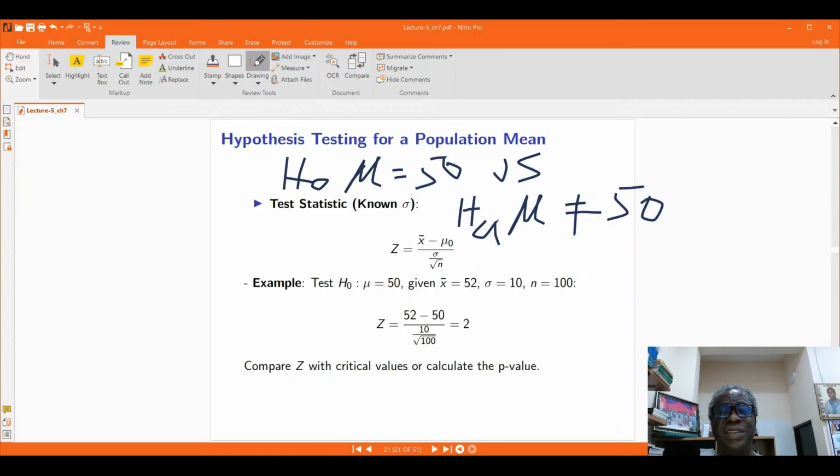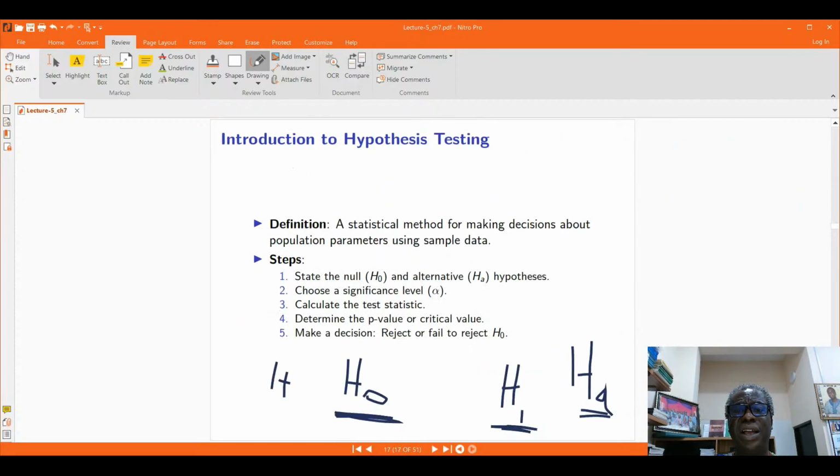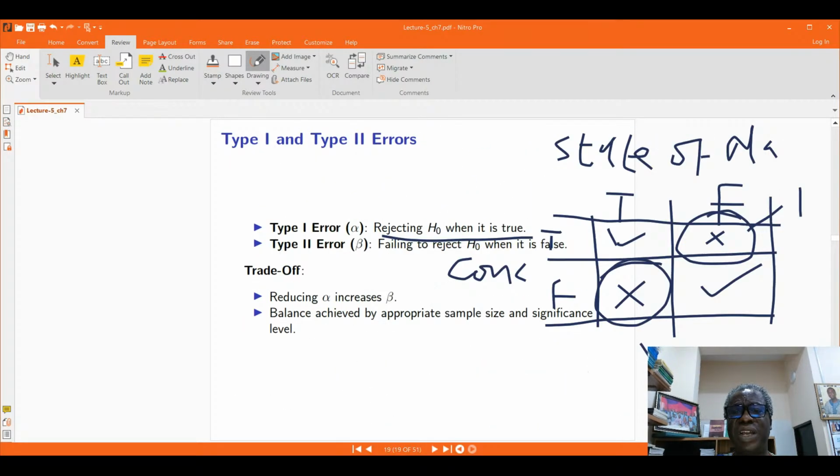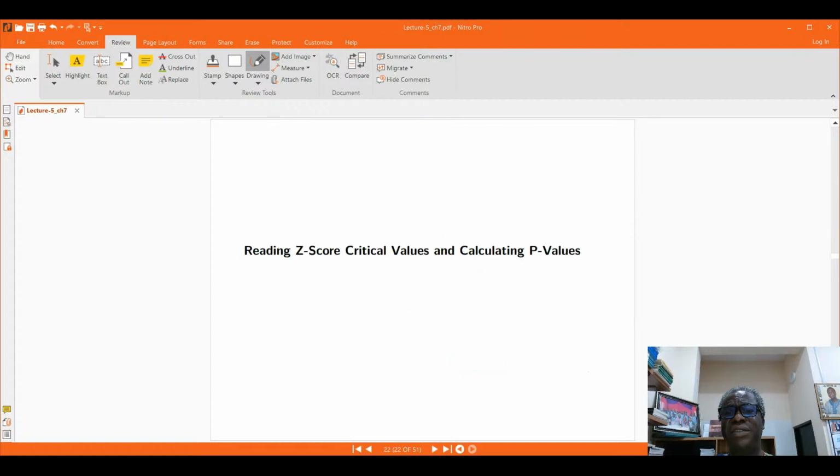So the next thing, if you go back, after specifying, we need to choose our level of significance.